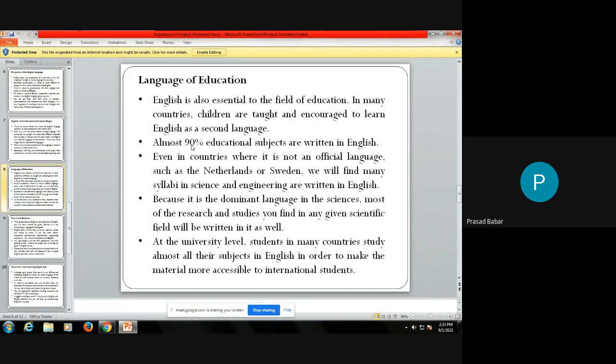You don't have any subject other than English language. Okay, so your language or medium of education is English itself and not your mother tongue or Hindi language. Okay, so 90% of educational subjects are written in English language.